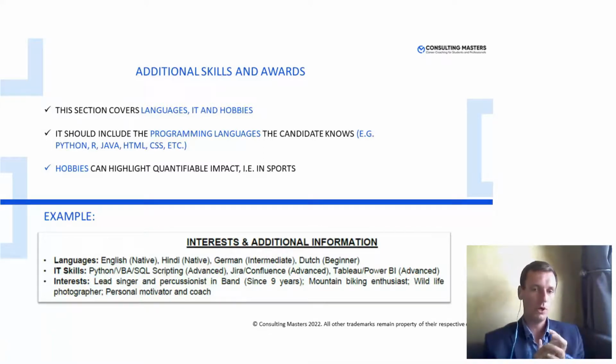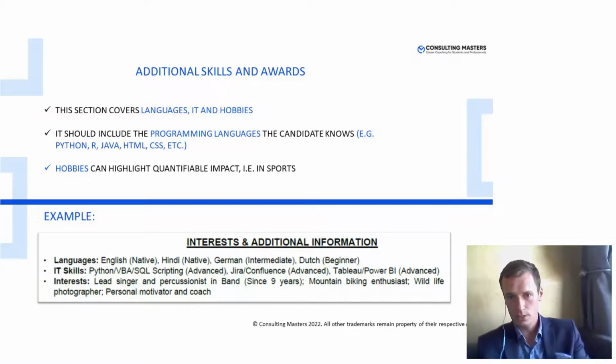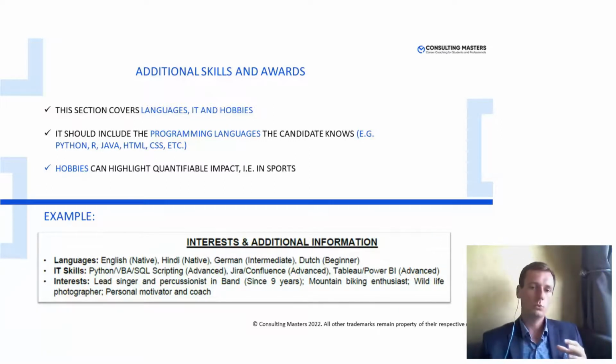Of course, if you are, for example, a foreigner applying at one of the European countries, it is always beneficial that you know the language of that country. For example, that candidate used to apply in Germany and in the Netherlands. That's why he also highlighted the level of proficiency in German and Dutch languages.